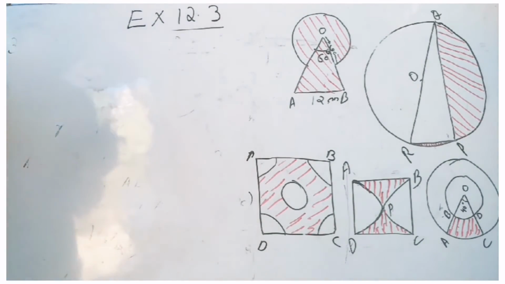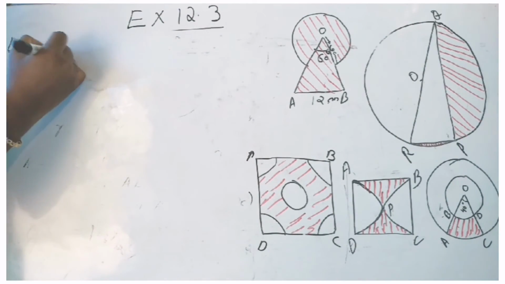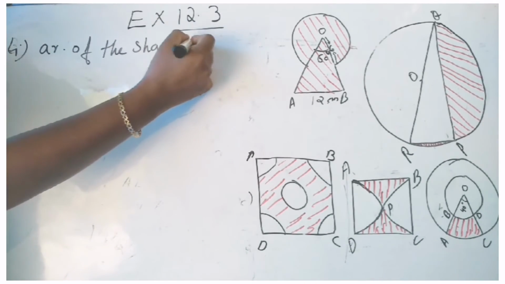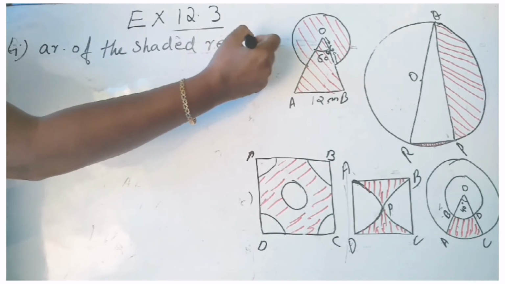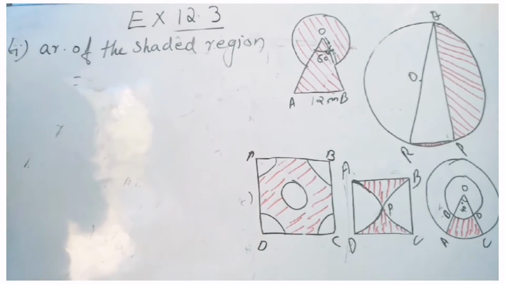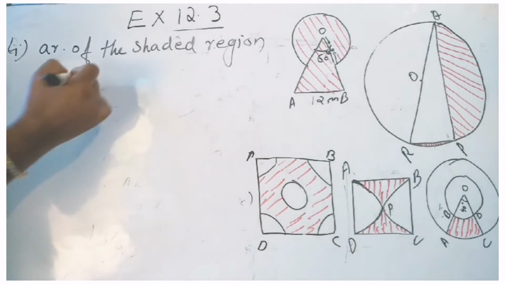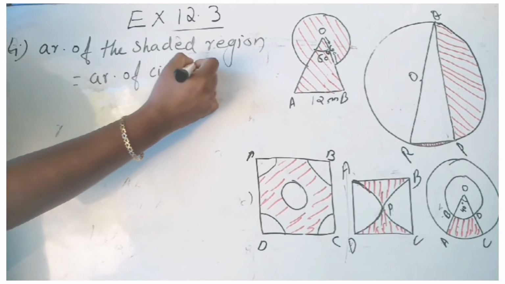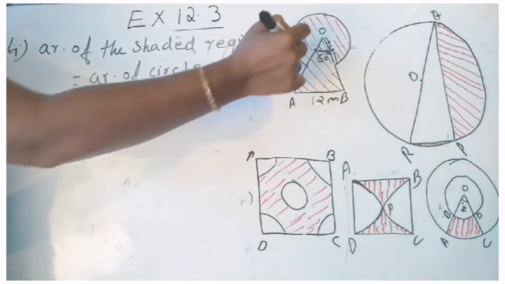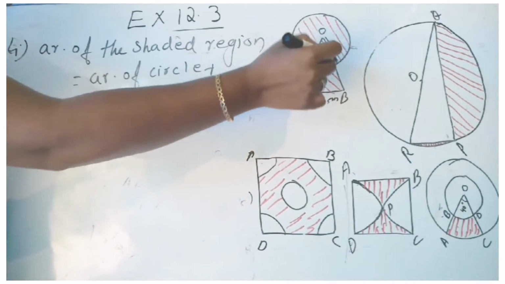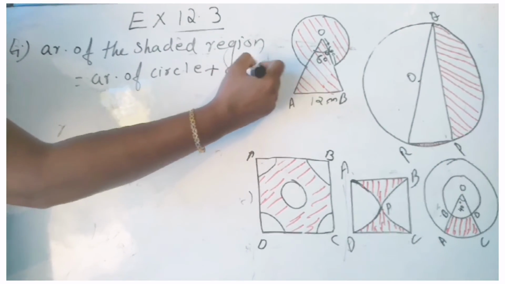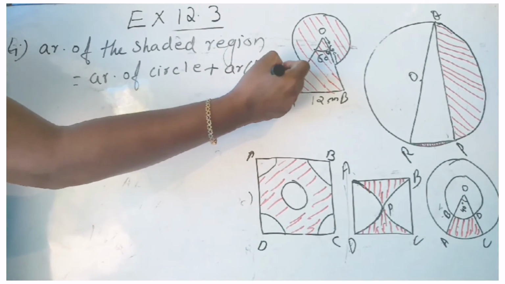The area of the shaded region is equal to area of circle plus area of triangle OAB.